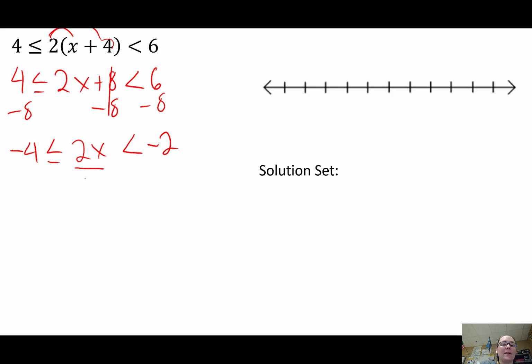Now I need to divide all sides by 2. So I get negative 2 is less than or equal to x less than negative 1.